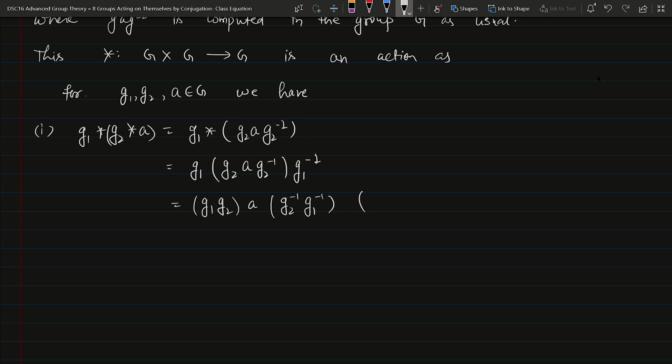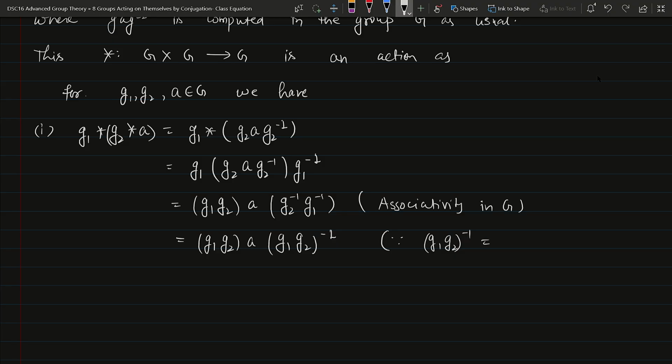How are we writing this? This is due to associativity in G. Okay, now that can be written as g1 g2 a and then (g1 g2) inverse, since we have that (g1 g2) inverse is g2 inverse g1 inverse.